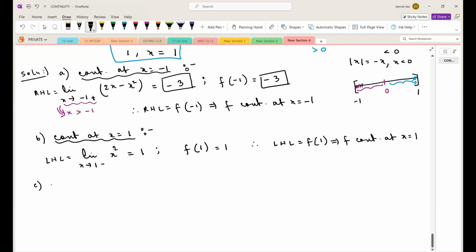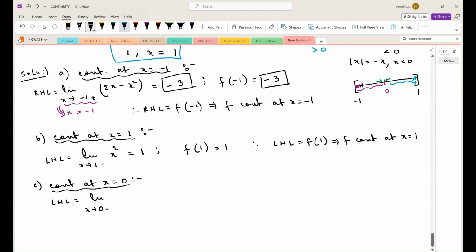So f is continuous at x equal to 1. Next, we check the continuity at x equal to 0. Now this will be somewhat different because here x can be both on the left side as well as the right side. So we have to calculate both the left hand and right hand limit. So let us see. Left hand limit is limit x tends to 0 from the left.